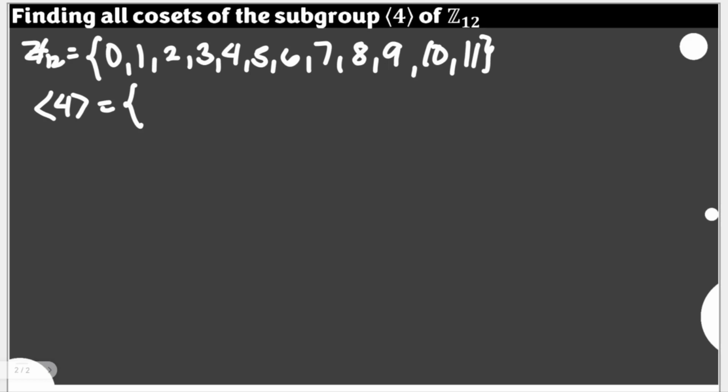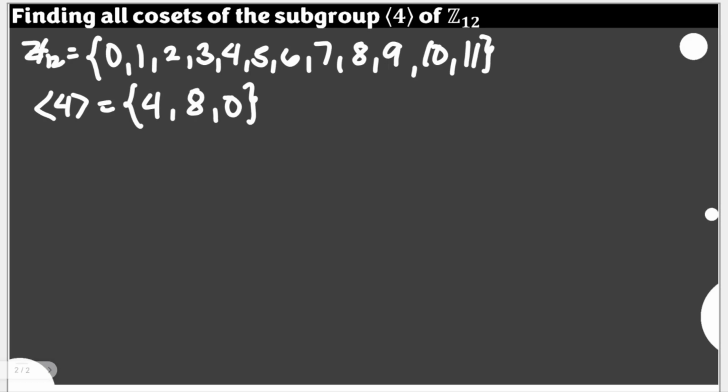So we have 4. 4 plus 4 is 8. 8 plus 4 is 12, but 12 is divisible by 12, so we have the remainder 0. If you have 0 plus 4, we just return to the first element. Hence, this is the subgroup of Z12 generated by 4. We have 0, 4, and 8, or you can rearrange it as 0, 8, and 4. It's up to you because it's a set.